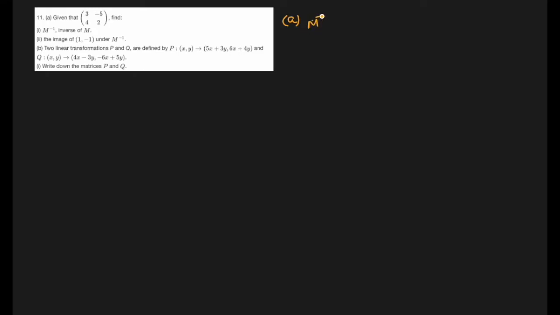So M inverse will be 1 over the determinant here, and this diagonal will change their place. So 2, 3, and they will not change their place, but they will change their signs: minus 4, minus positive 5. So let's find the determinant of this, which is 3 times 2, 6, minus 5 times 4, 20, negative 20, so which is 26.